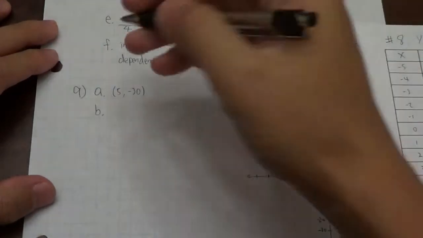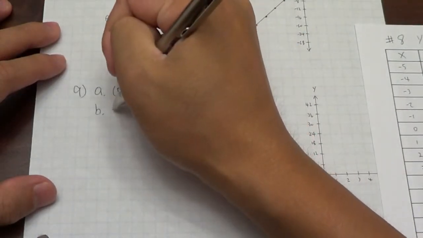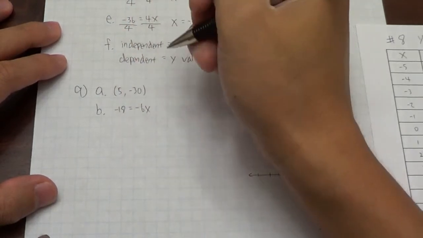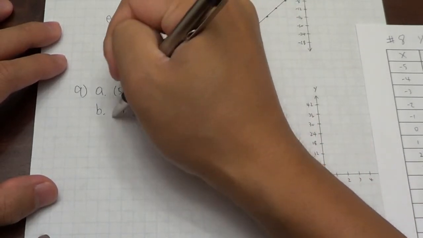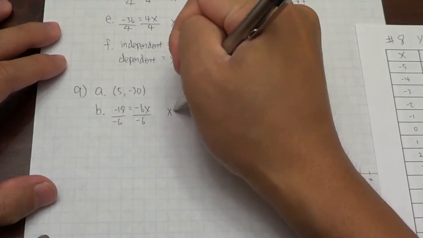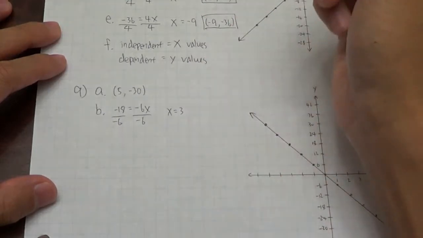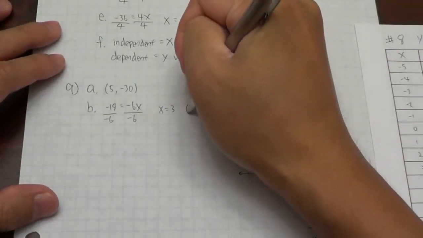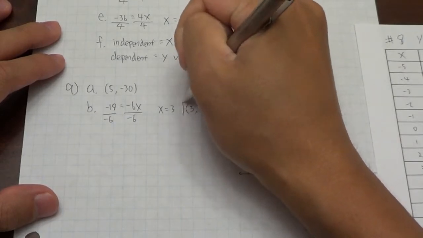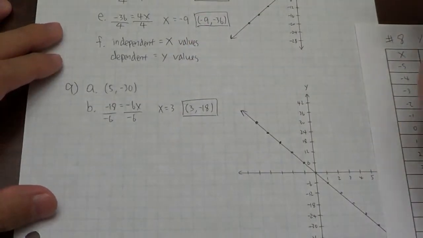So if y is negative 18, and that equals negative 6x, divide both sides by negative 6. Negative divided by negative gives me a positive, so x will equal positive 3.